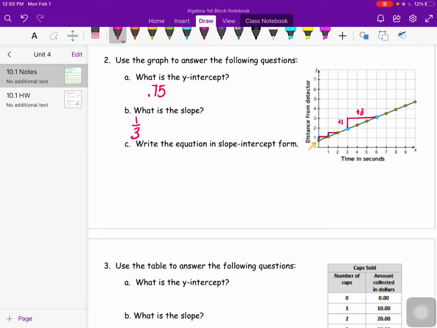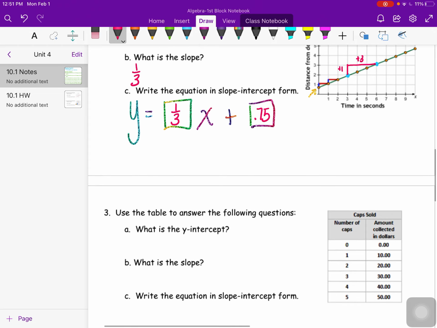Remember, rise is positive, fall is negative. I'm just going to leave it as a fraction. Okay, we need to write that rule, so sketch in your skeleton, and input your slope and your y-intercept.